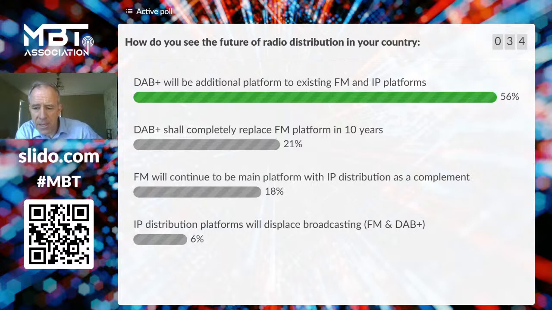So I think the mixed economy is correct. And again, what we are seeing is that increasingly DAB is replacing FM, but it's not a total replacement. It's a gradual process.